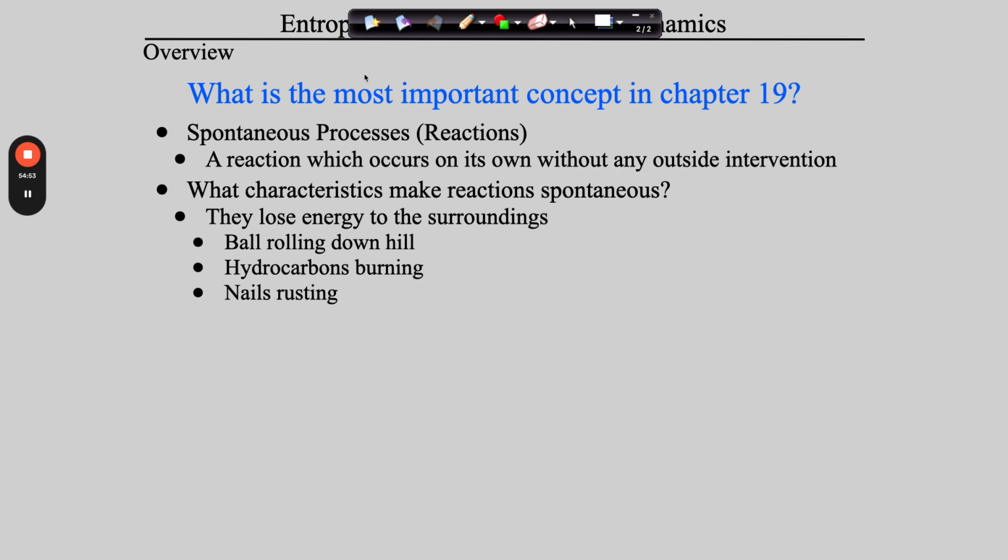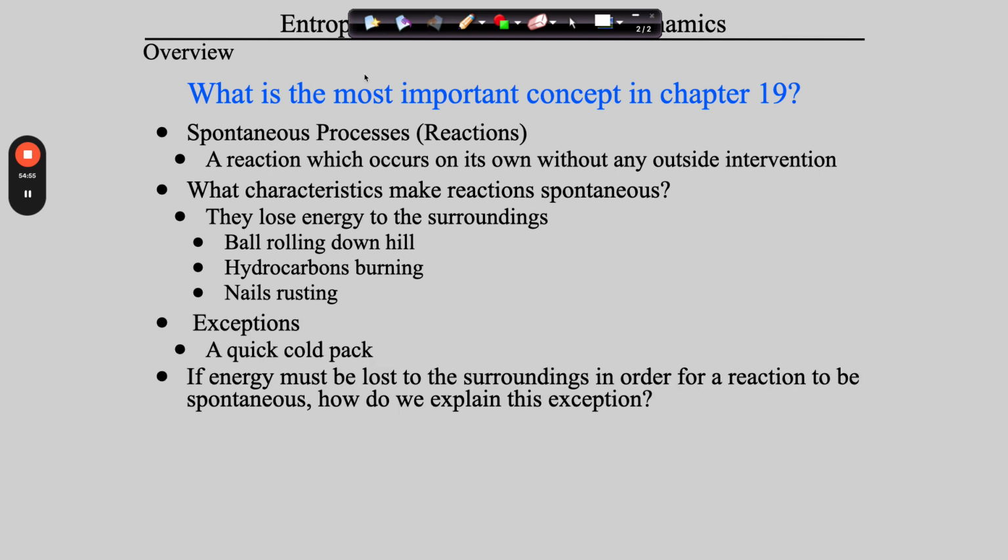So guys, in order for us to understand this, we need to understand that energy is being lost to the surroundings, but in a way that we have never thought about before. Guys, the problem is that our definition of energy is too narrow. So this feels cold.